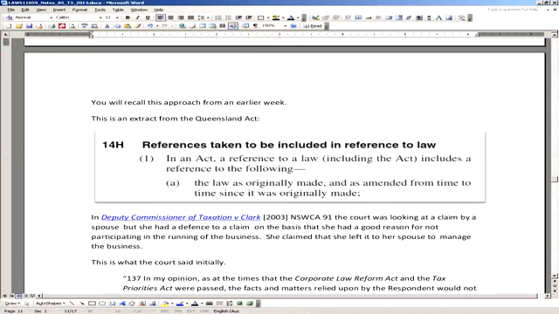One of the hard things with this section is that acts are amended, but sometimes acts are repealed. A new act is put into place, but it deals with the same factual circumstances or the same purpose.